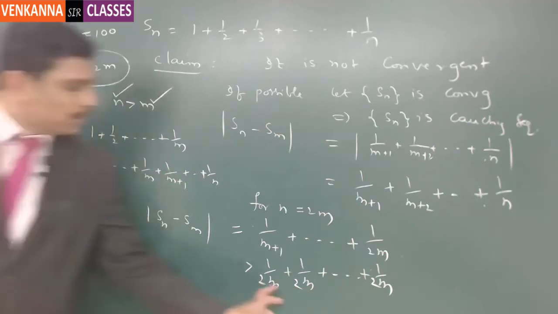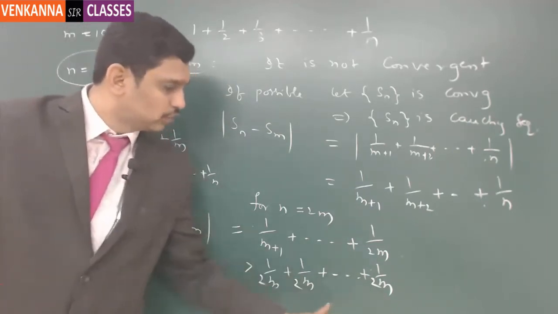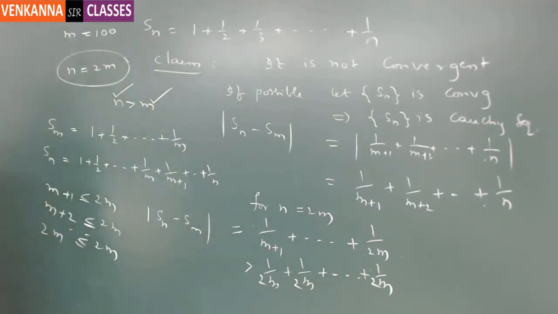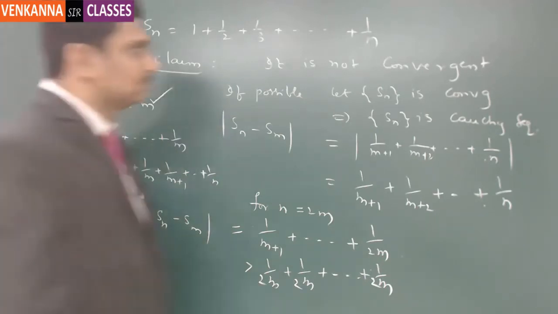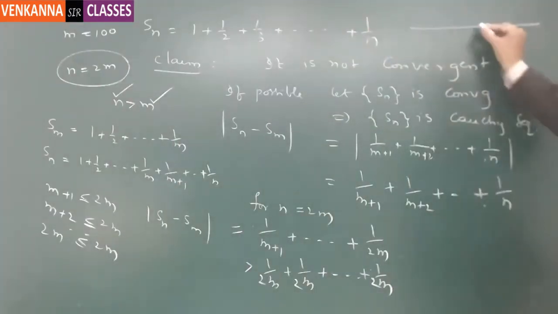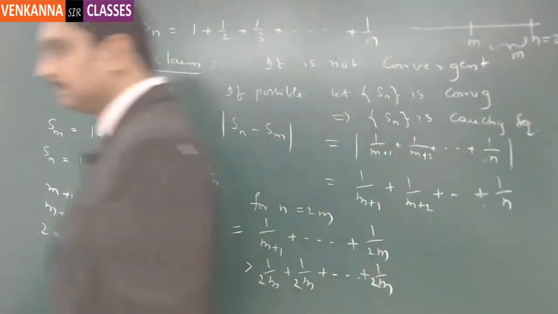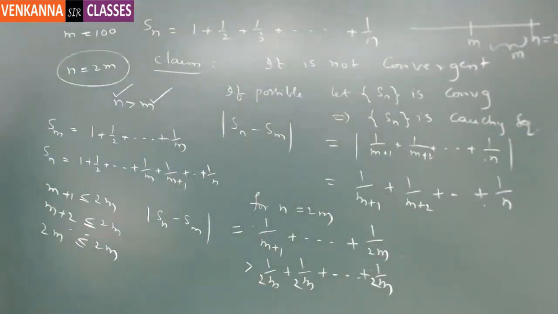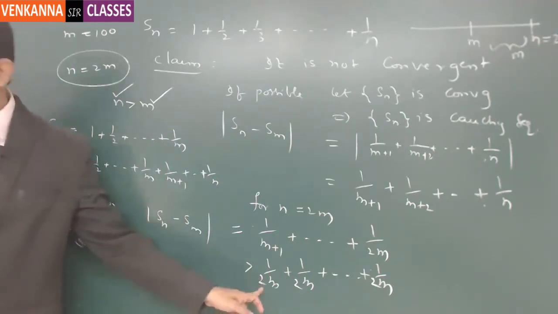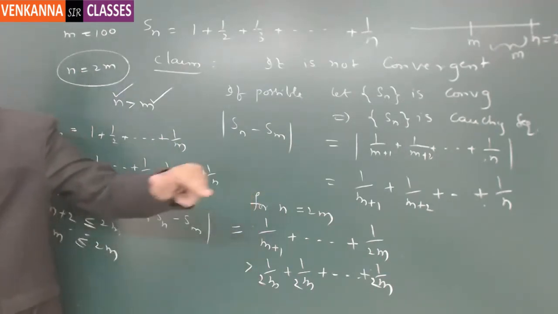Now, how many terms are there here in total? m. Why? Because this is m, this is n. I have taken n equal to 2m. The gap between them is nothing but m. So I am adding 1 by 2m, m times.